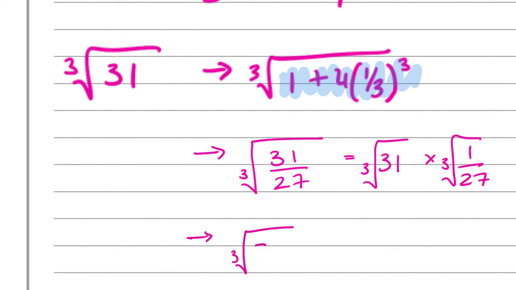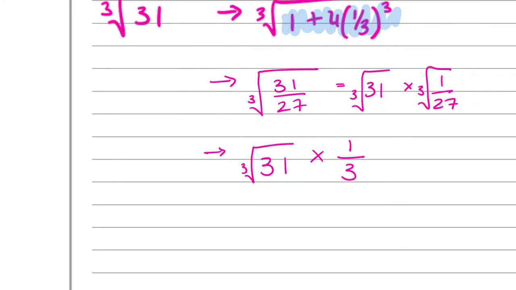If I cube root 1 over 27, we should get 1 over 3. Which we do. So technically, I've got the cubed root of 31 times a third. So when I substitute in a third, I'm actually getting the cubed root of 31 divided by 3.